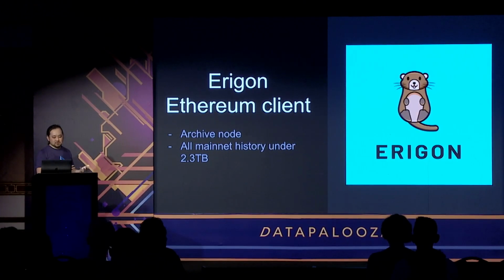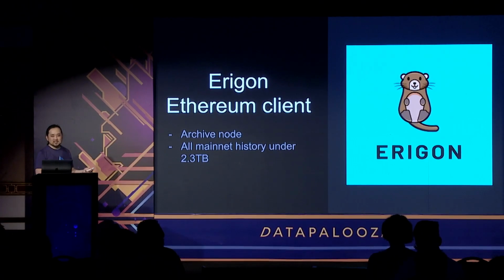It has a very low footprint. It syncs in a little over 1 week. All mainnet history fits under 2.3 terabytes. So 2.3 terabytes sounds high if you think just about the number, but it's something doable. You can buy a large SSD on Amazon and have the mainnet history at your home. You don't need to rely on the cloud.